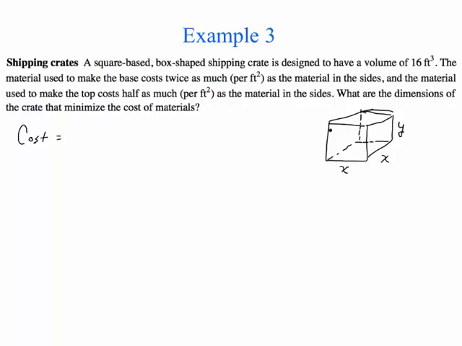We said the side is K dollars per square foot. Base costs twice as much. Can you just get the cost of one side, if you set up the dimensions this way?